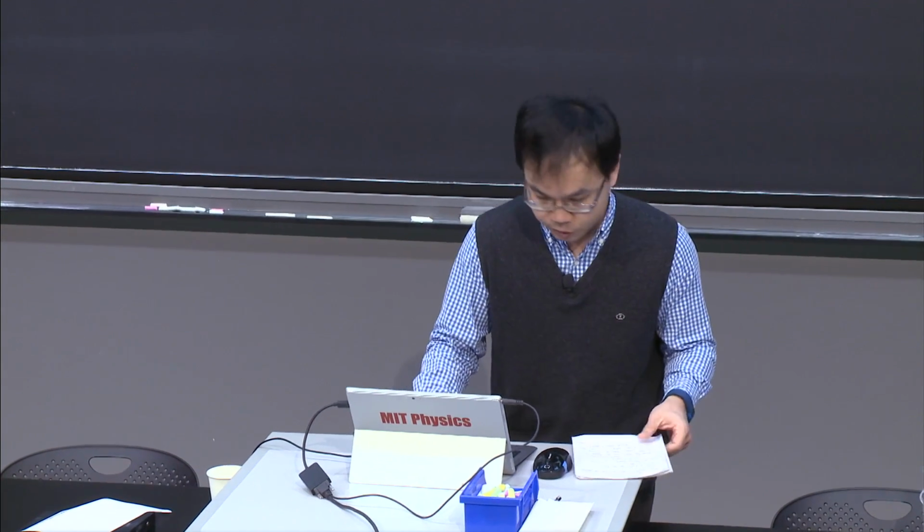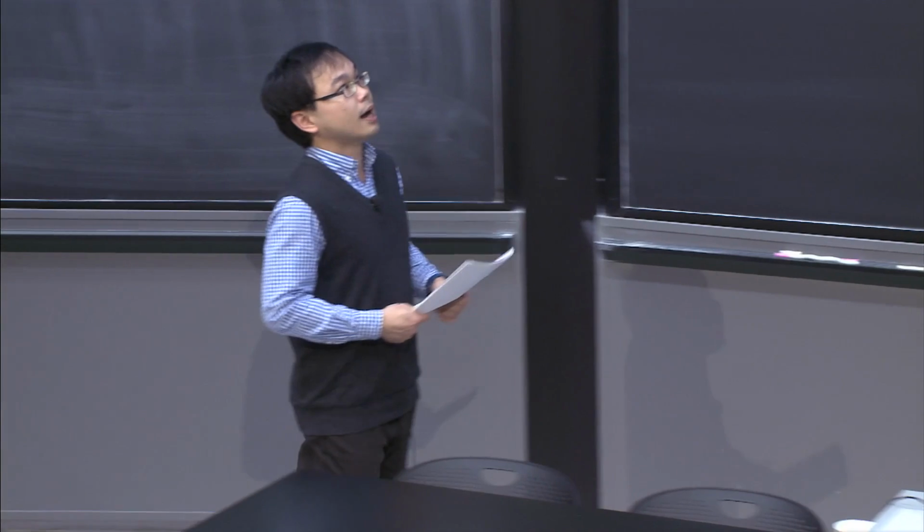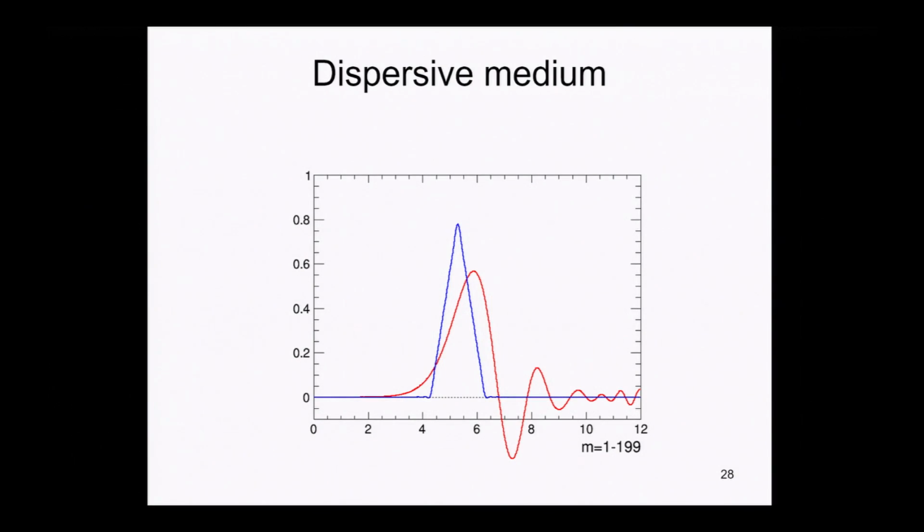Before we go into the detail of those, we also discuss dispersive media, right? In the case of dispersive media, we use a special kind of example, which is strings with stiffness, right?